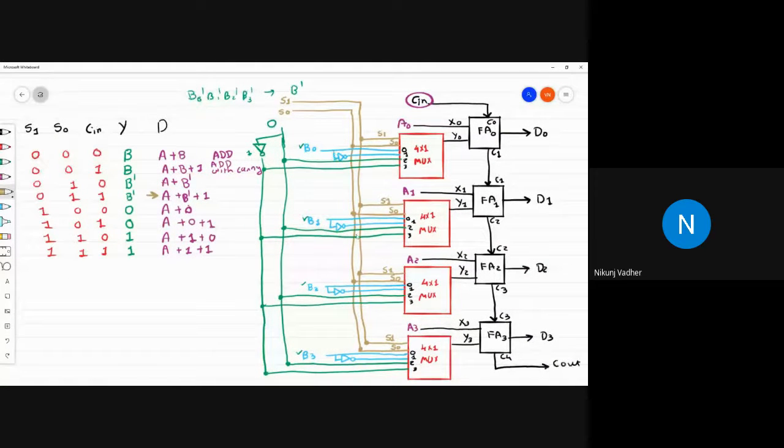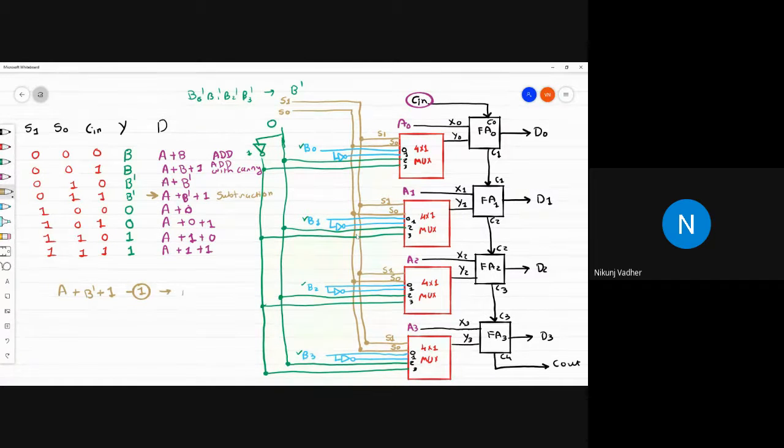Okay, this will result into A plus B dash plus 1 minus 1. Before subtracting, what we have done? We have decremented it by 1.